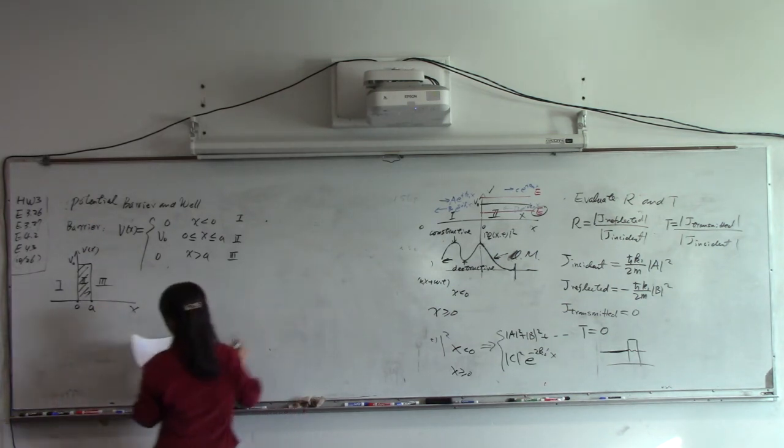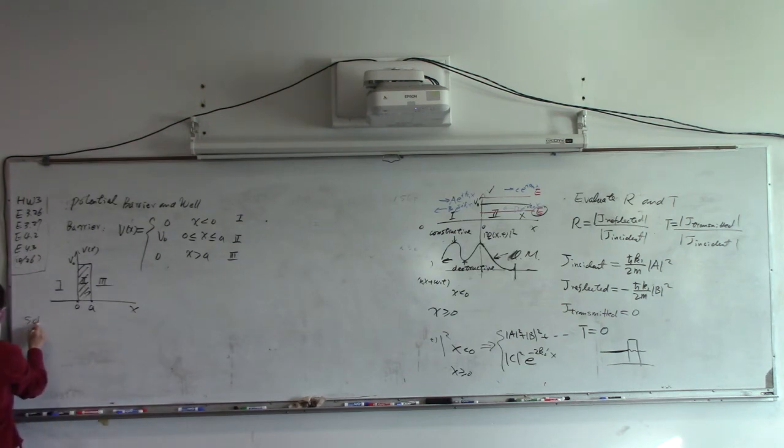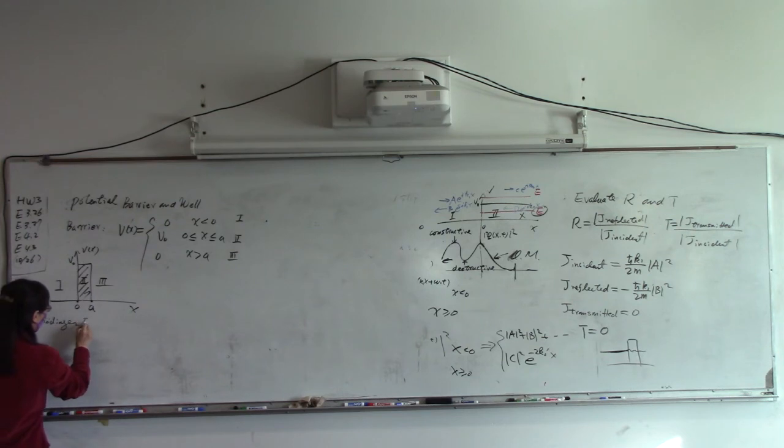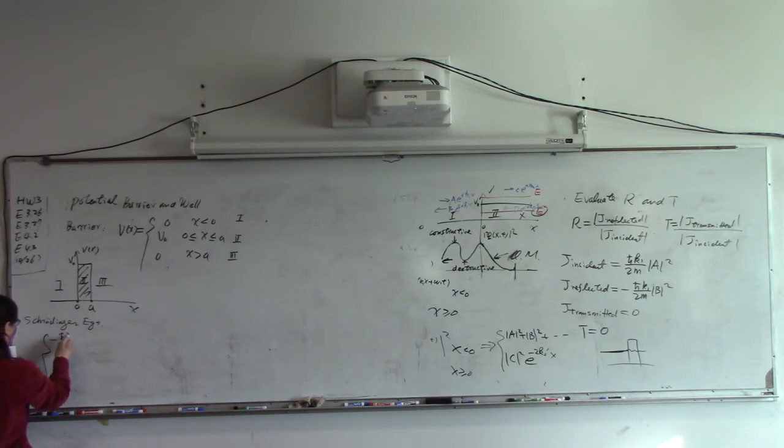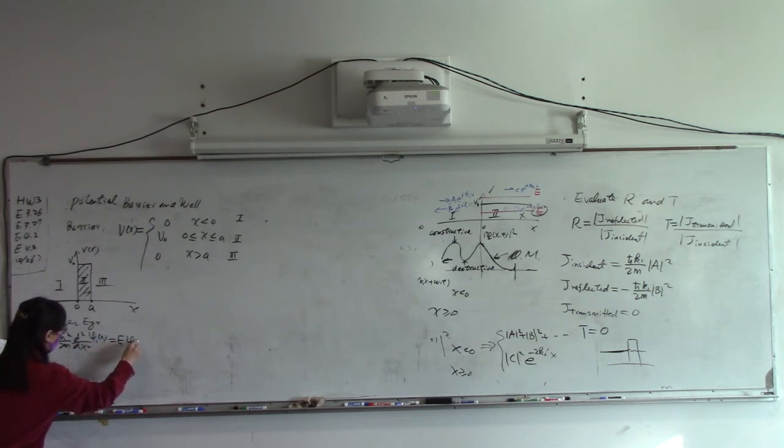Now let's write the Schrödinger equation. We have three-region Schrödinger equations. The first region is only kinetic energy since the potential energy is 0. I'm going to still use psi 1, equal to E psi 1.